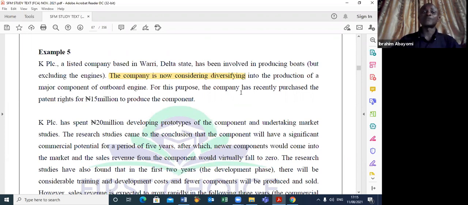So there will not be need for you to bother yourself in that instance. Except this, in all other cases, you will need to compute a project-specific WACC, okay?